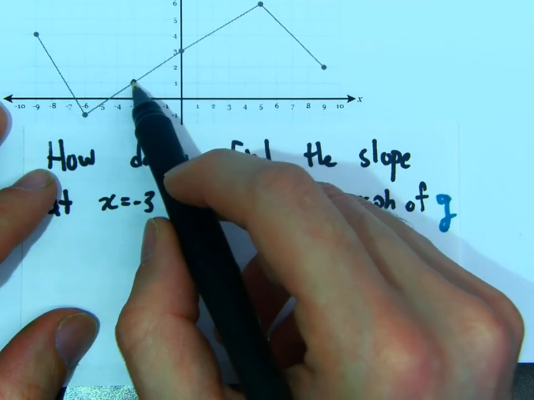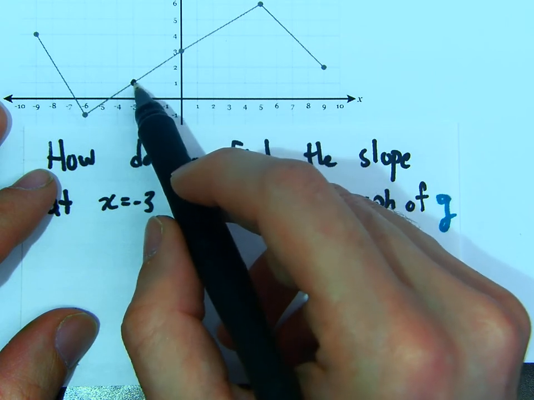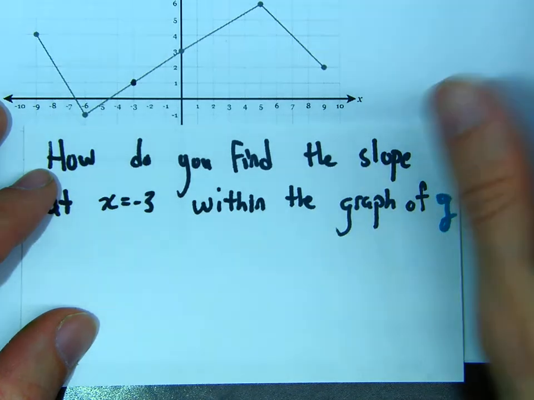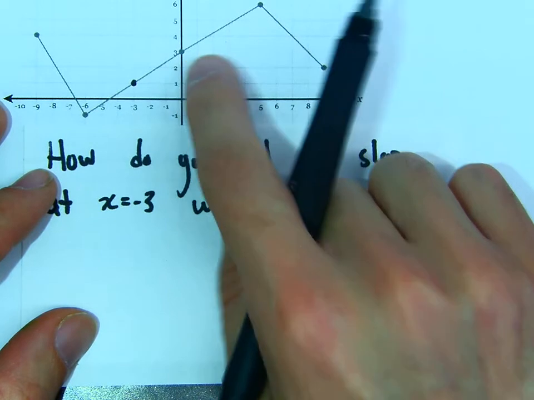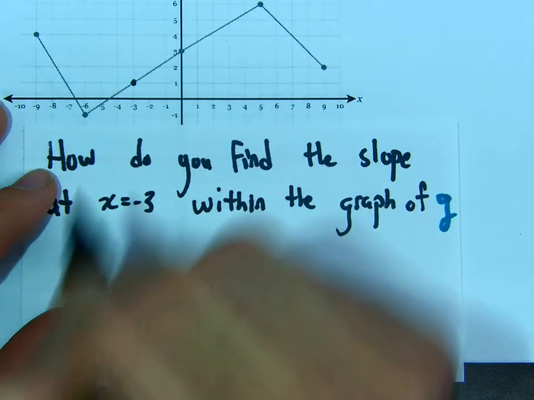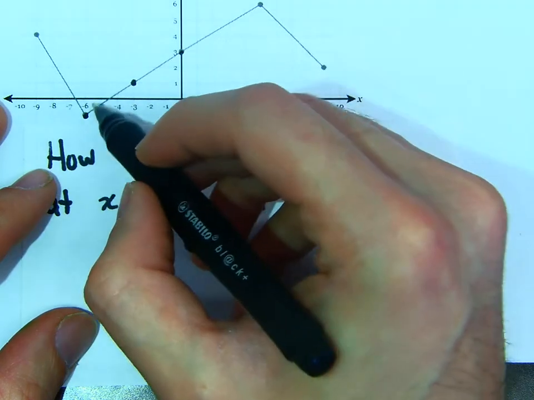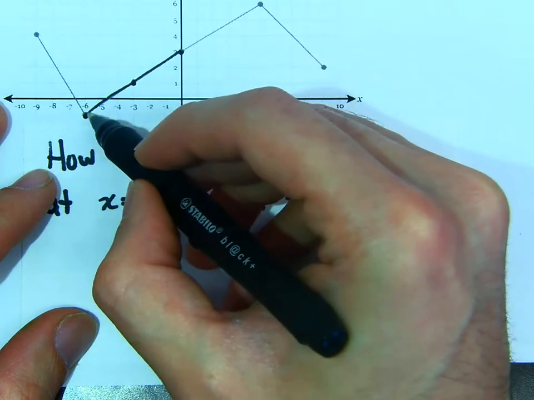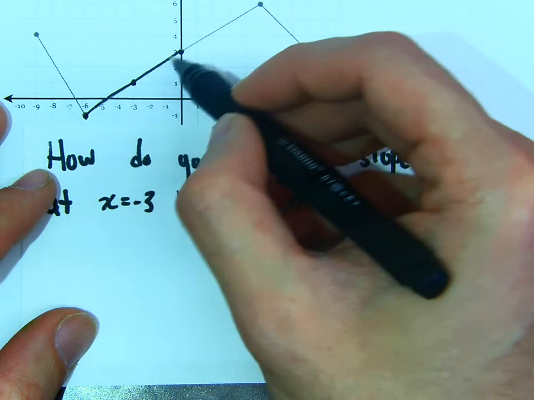Like, x is -3 over here. How do I find what the slope will be at -3? If you want to pause the video and think about it, right? But the idea is, notice that from this point to this point over here, the slope of this whole entire line is the same. Any point between here and here have the same slope.